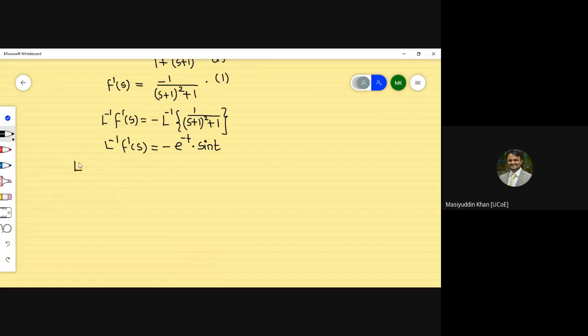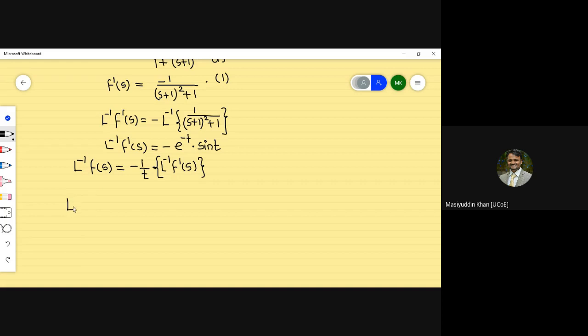The formula is Laplace inverse of f of s is equal to minus 1 by t into Laplace inverse of f dash of s. We have to just put the value here.